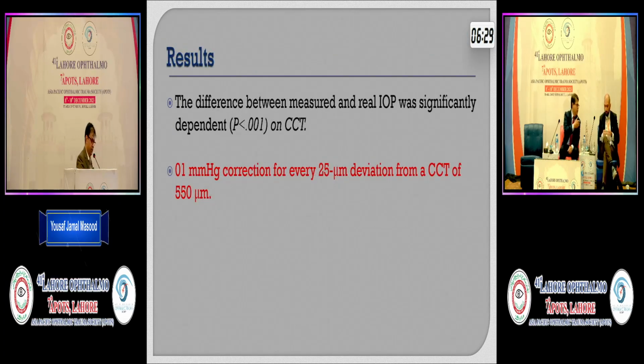So what were their results? Their results were quite significant: there was an actual difference between measured and real IOP, and it was dependent on the central corneal thickness. And there was 1 millimeter of mercury correction for every 25 microns deviation from a CCT of 550 micrometers.